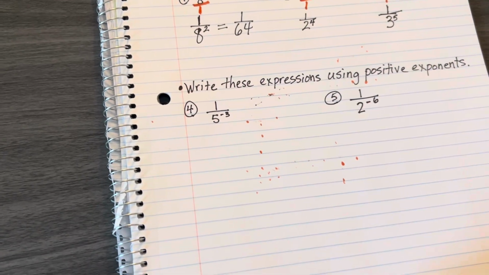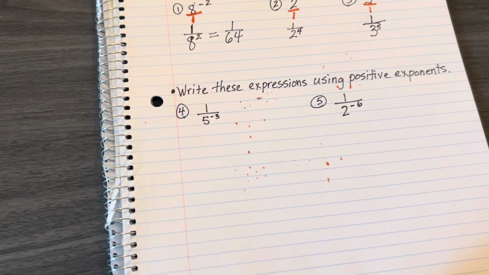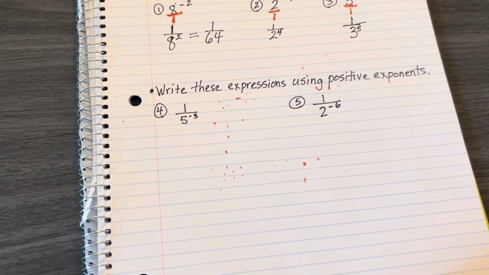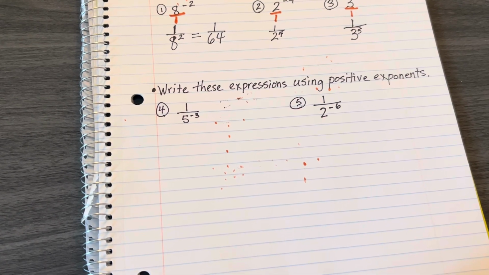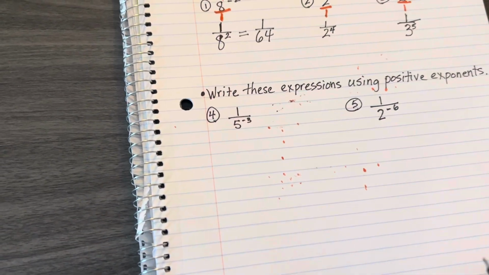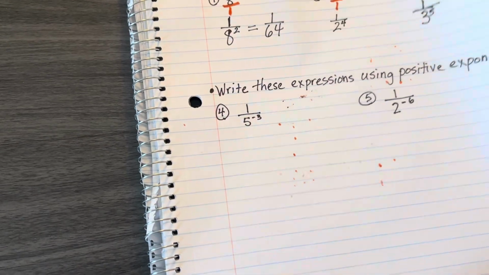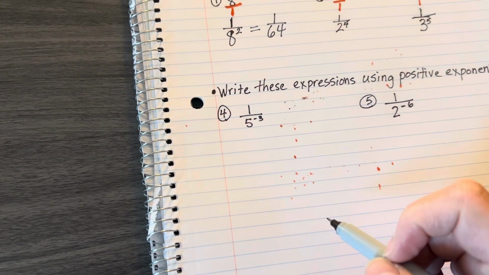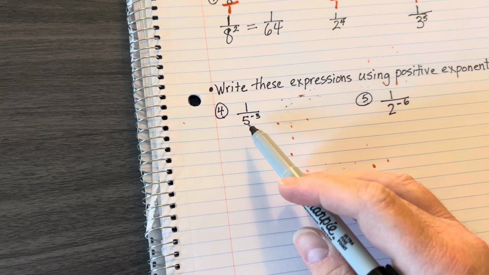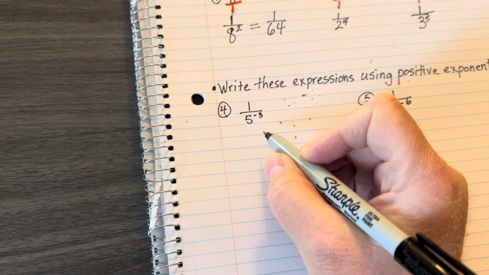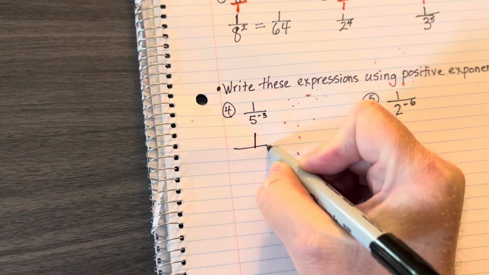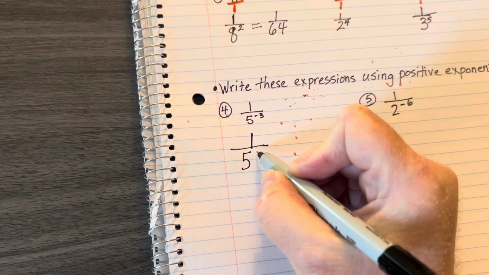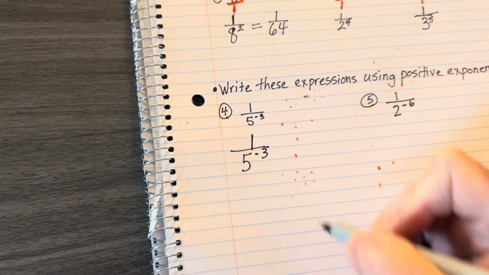These next problems are a little bit trickier. You're going to write these expressions using positive exponents. So this problem says, I'm going to write it again because it's not as clear. It's 1 over 5 to the negative 3rd power.